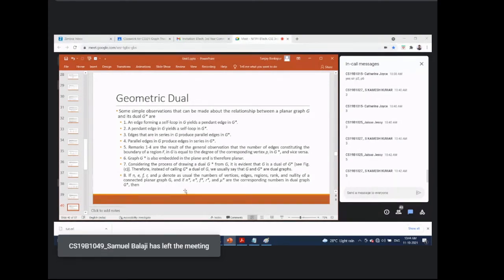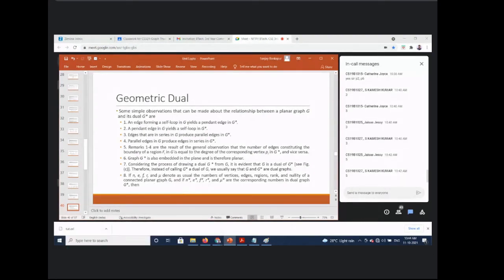So rank and mu being the nullity of a connected planar graph G, and if N star, E star, F star, R star and mu star are the corresponding numbers in dual graph G star, then we understand N equals F star, E equals E star, F equals N star. How about rank and nullity? We'll see that.